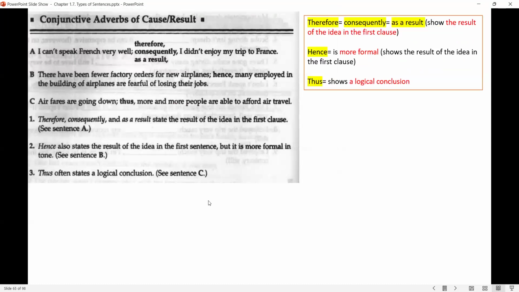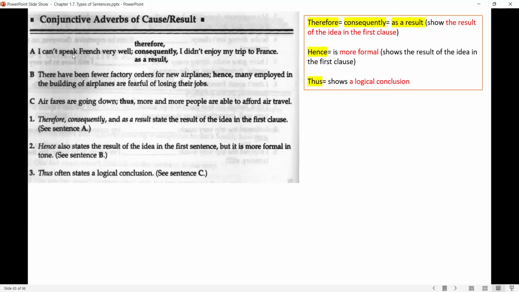The next set of conjunctive adverbs that we have are conjunctive adverbs of cause or result. Therefore, consequently, and as a result, have the same meaning, and they show the result of the idea that you mentioned in the first sentence. Hence, has the same meaning, but it is more formal. Thus, shows a logical conclusion.